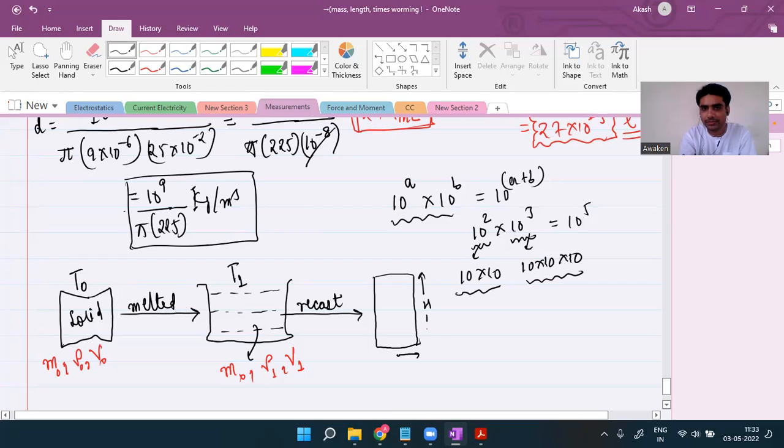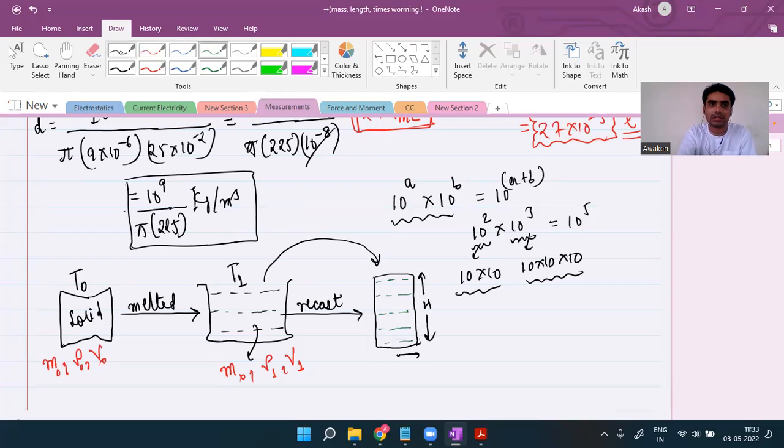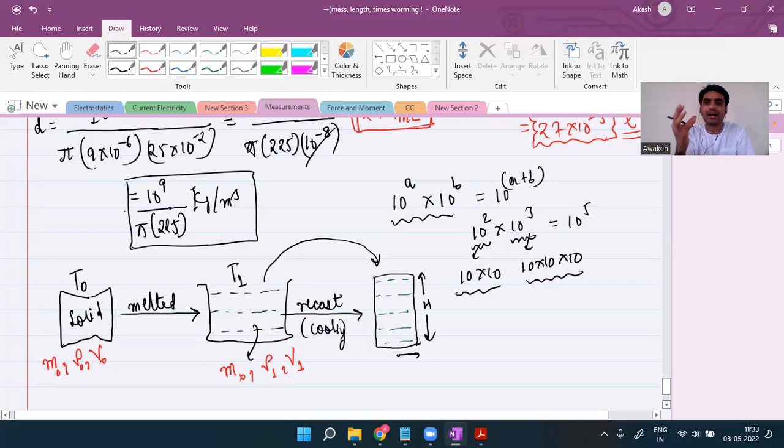It can be something of concrete, and you pour this molten liquid into this. So this entire thing gets filled with the liquid, and now you cool the liquid. So recast basically means cooling. When it cools, it gets hard.